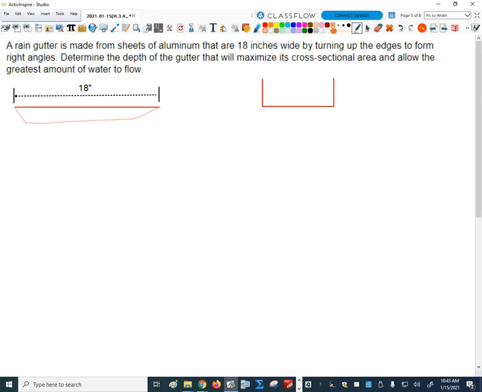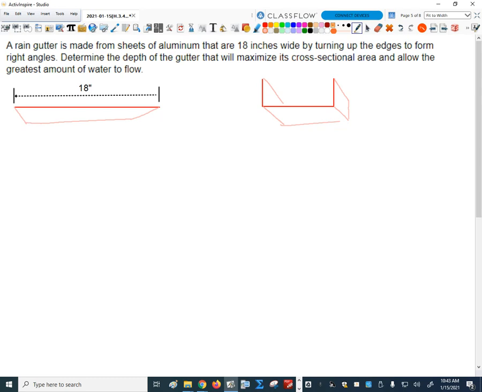But then I just have to bend up the edges here to create a trough. So my trough might end up looking something like that. You get the idea? There's my trough, right? Everybody see what I'm doing there? So the question is, determine the depth of the gutter that will maximize its cross-sectional area and allow the greatest amount of water to flow.